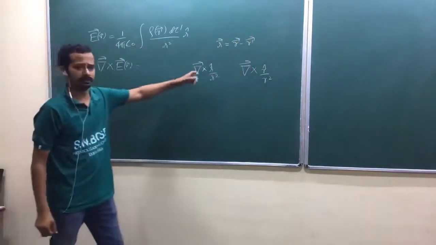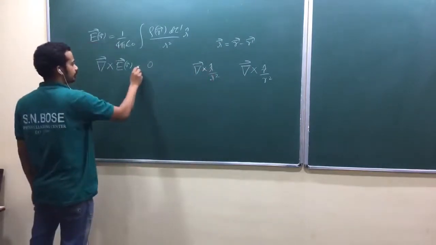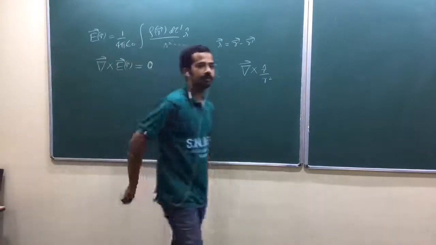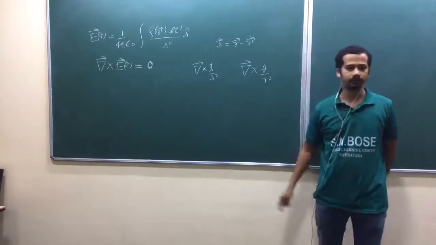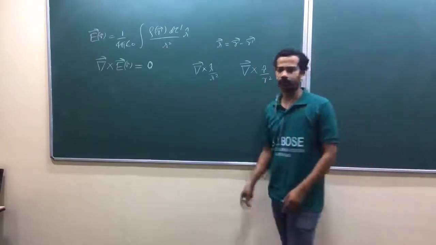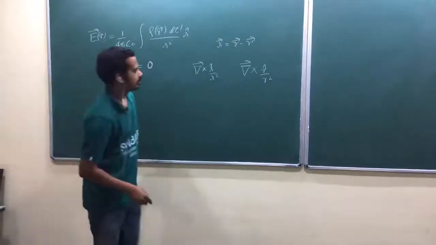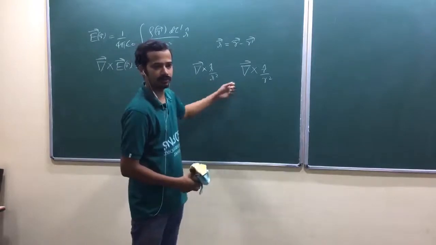You can show that this is 0, a null vector. This is a consequence of Coulomb's law itself. Remember, the curl equal to 0 is a consequence of Coulomb's law itself. Can you show that quickly?